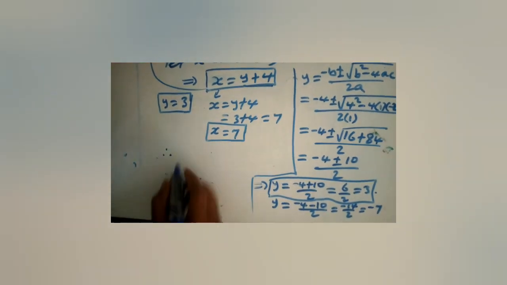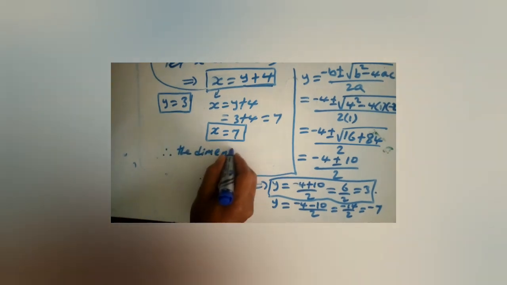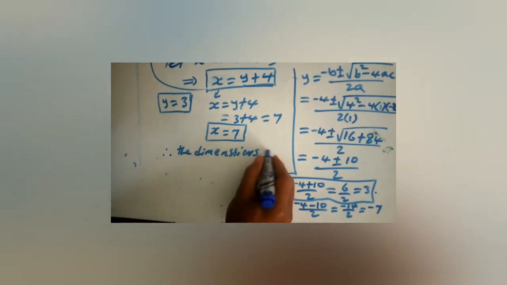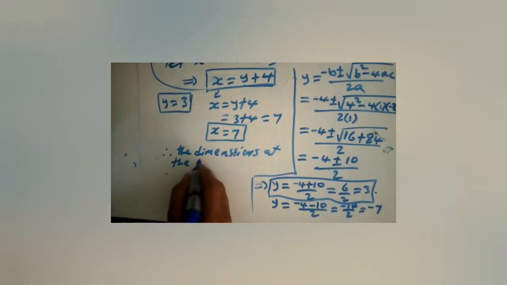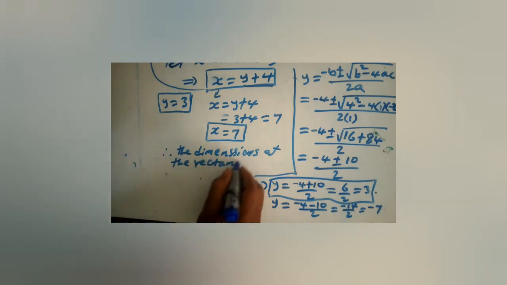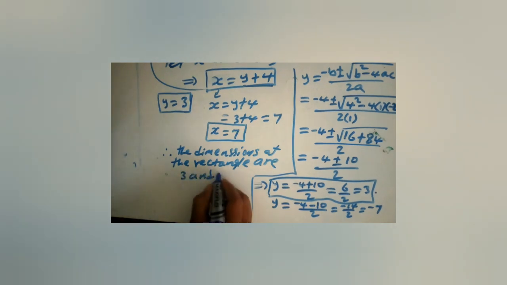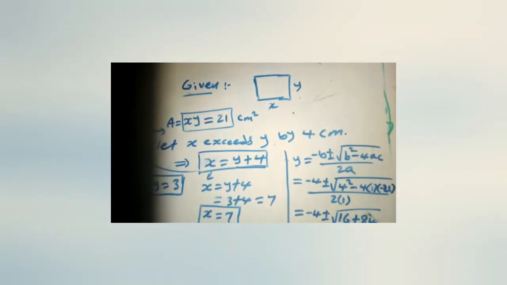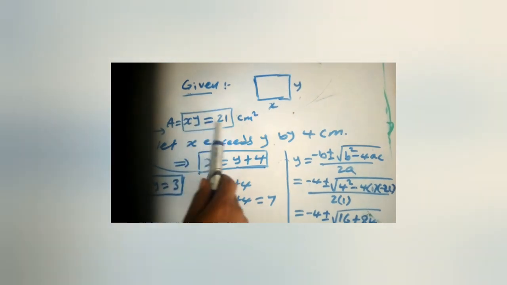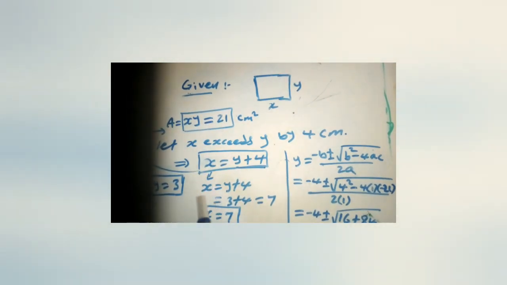Therefore the dimensions of the rectangle are 3 and 7. We can check by substituting these values into the given conditions. The first condition is x times y is 21, and the second condition is x exceeds y by 4.